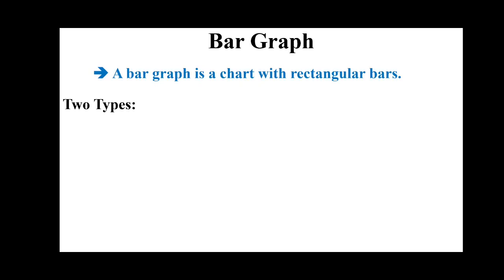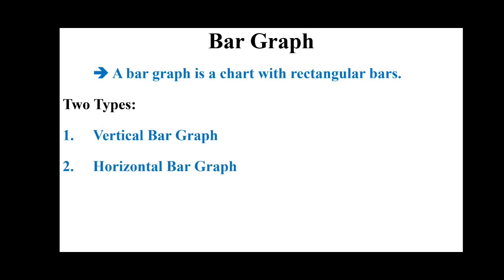Two types of bar graph. If we draw the rectangular bars vertically, it's called a vertical bar graph. If we draw the rectangular bars horizontally, it's called a horizontal bar graph. Here we are going to see about the vertical bar graph.